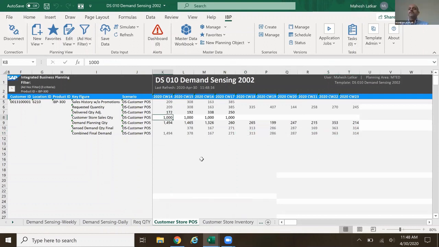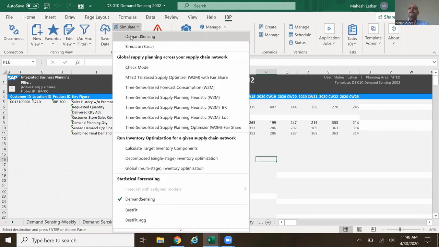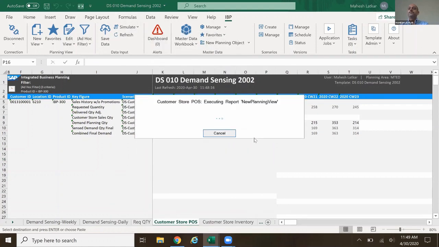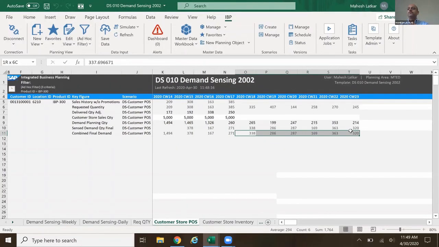If I try to increase this number from 1000, saying that my sales were very high for these weeks, then I'll do the simulation again. This time the number should go higher. It is now 1764, which is higher than the previous result.